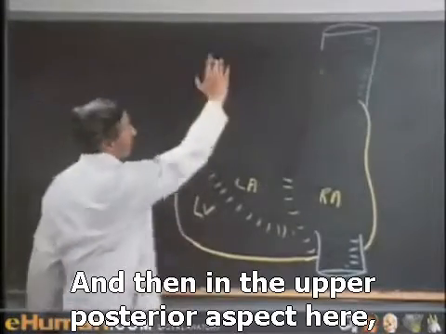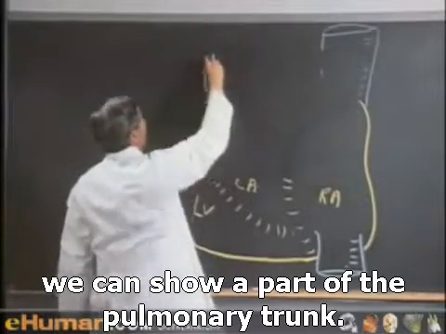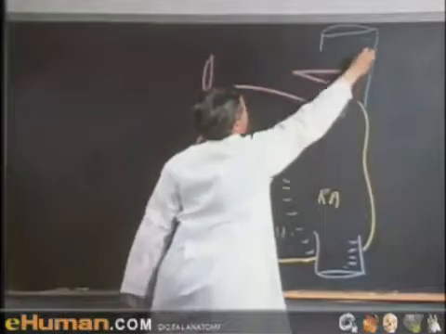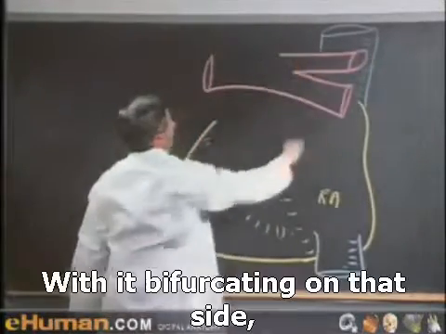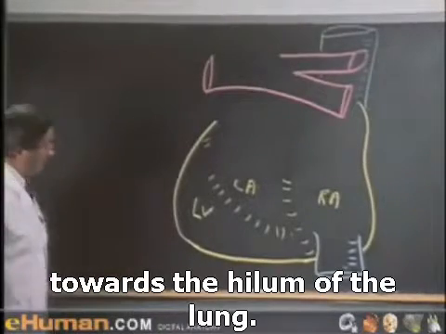And then up in the posterior aspect here, we can show a part of the pulmonary trunk, with it bifurcating on the right side, as it's passing over towards the hilum of the lung.